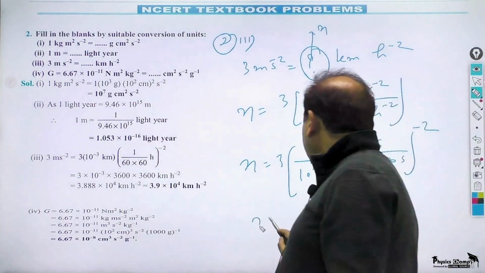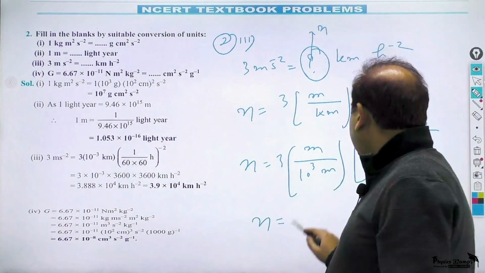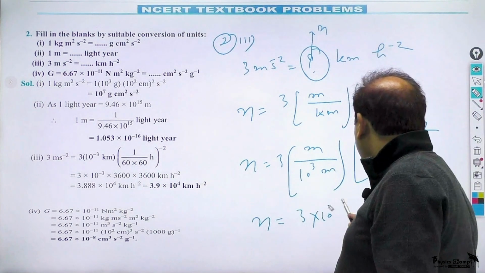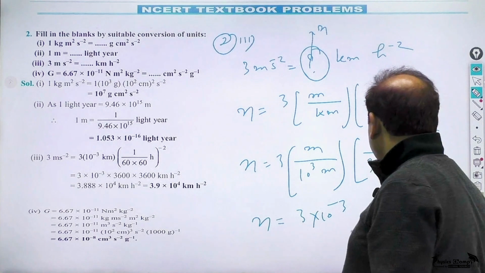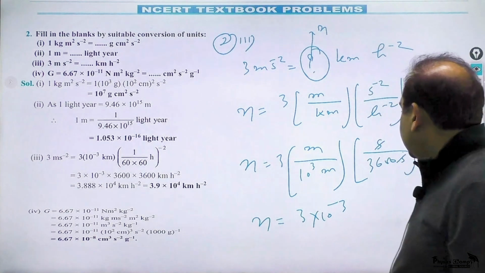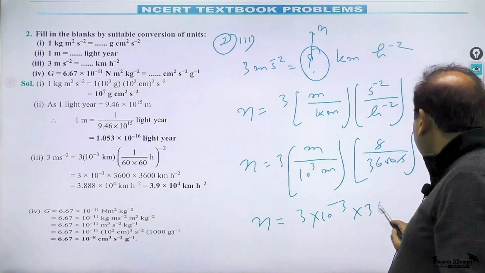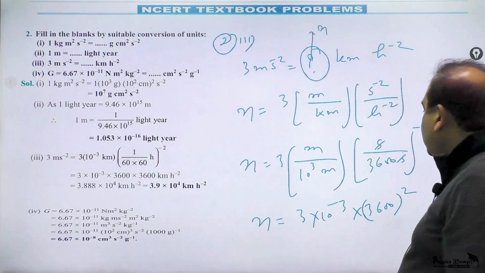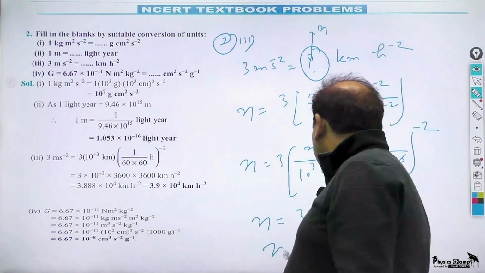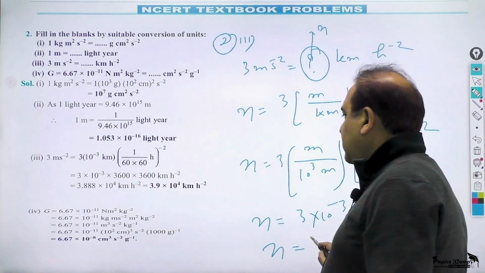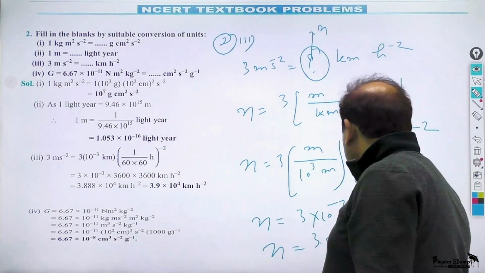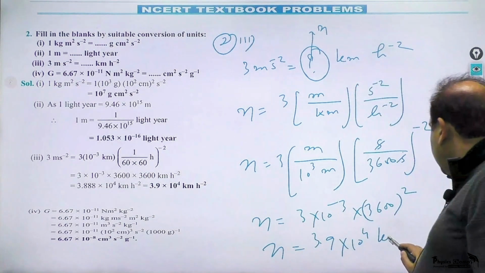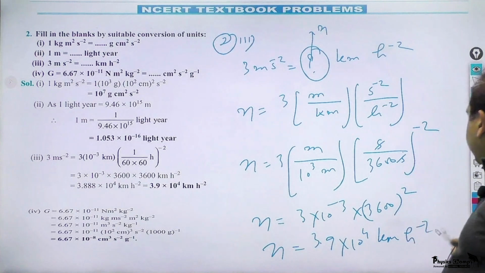So that's how we can calculate this numerical value, and this is 3 into 10 to the power minus 3 and then 3600 to the power minus 1 to the power minus 2, so 3600 square. So this numerical value comes out to be 3.9 into 10 to the power 4 kilometer per hour square.